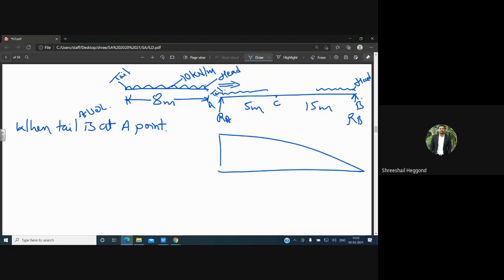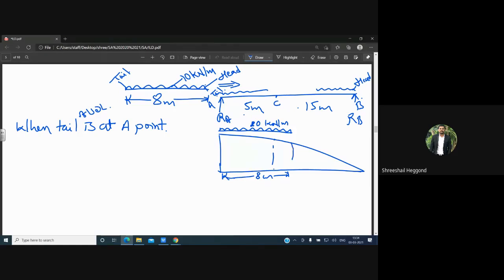The diagram will never change. ILD for reaction will be the same only. Now the 10 kilonewton load, UDL of 8 meter span, is acting, which means going beyond C up to 3 meters. This is 8 meters total for the UDL.